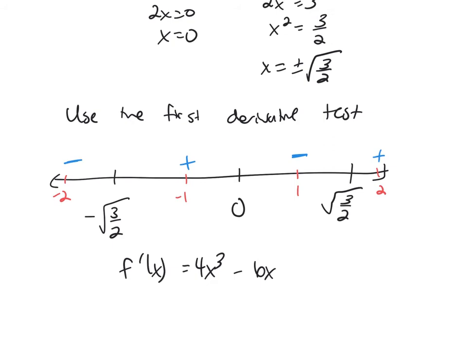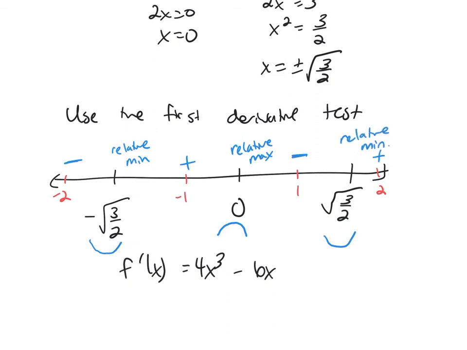So what does the first derivative test tell me is happening? My function is decreasing and then increasing. This is a relative min. It's increasing to decreasing, a relative max. And here, decreasing to increasing, a relative min.